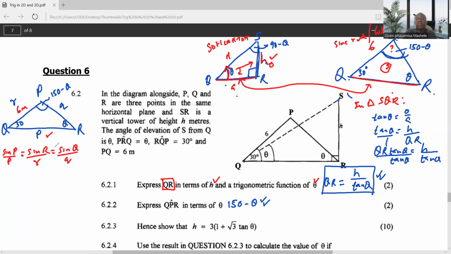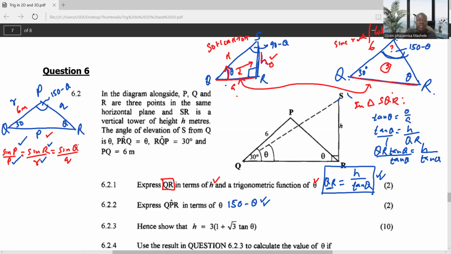Let's check what we know. Do we have angle P? Angle P, we know it's 150 minus theta. We have small p, QR, we just got it now. Small r, it's PQ, we have it there.